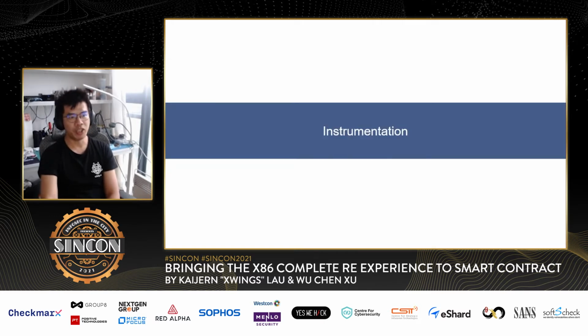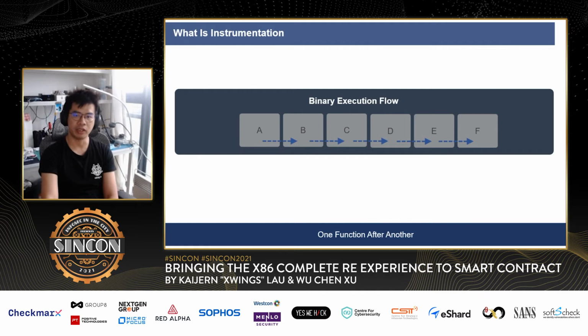I do mention instrumentation quite a fair bit, so to cut it short, this is instrumentation. In a normal binary execution flow, you try to execute a binary that does a hello world maybe. It will go from A, B, C, D, E, F, and along the way it will call the library to run the hello world. This is how hello world execution is done.